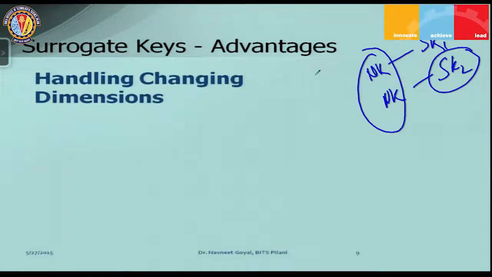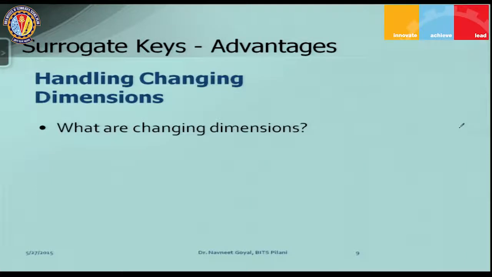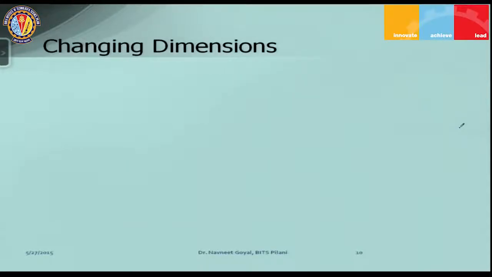Now, handling changing dimensions. This is the main topic that we are going to discuss. What are changing dimensions? We need to address why we need to handle them, and how we can handle them. These are the three questions that we are trying to address.